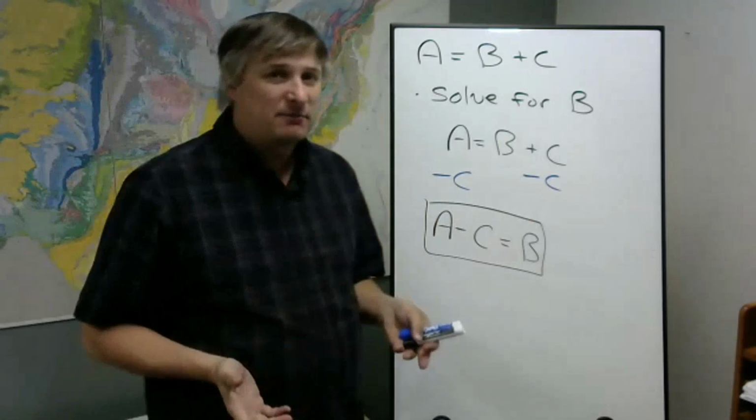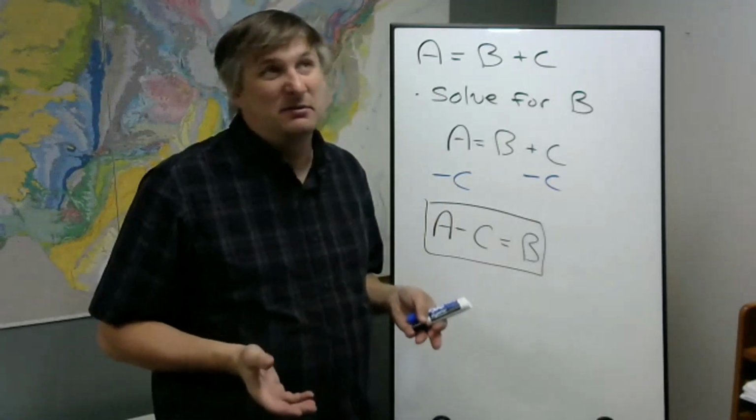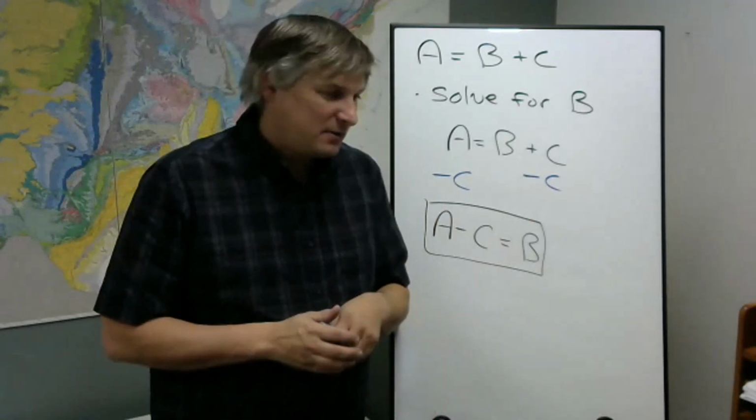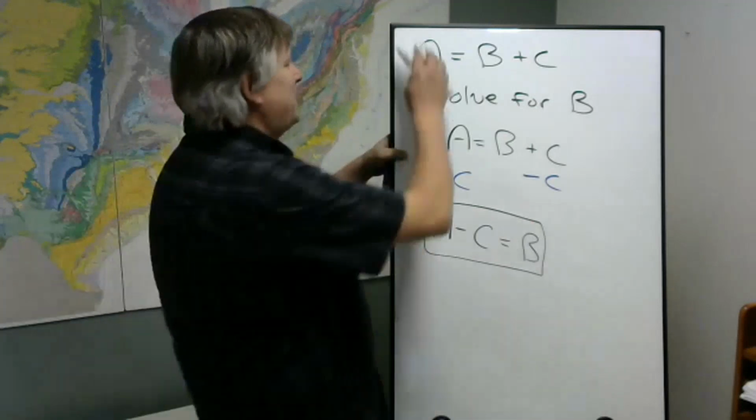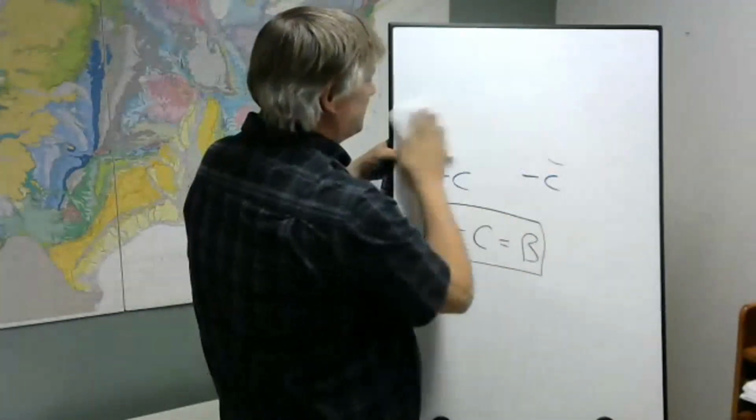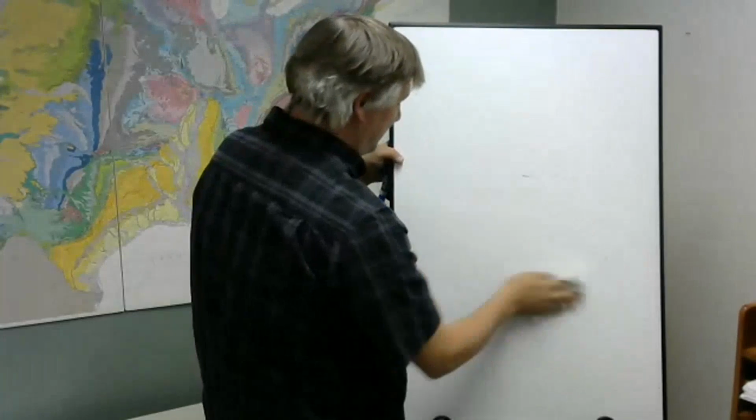Now, for this section, we're basically doing the same theme, but we're going to be doing it with some rational functions. So let's take a look. Some rational functions or rational equations.